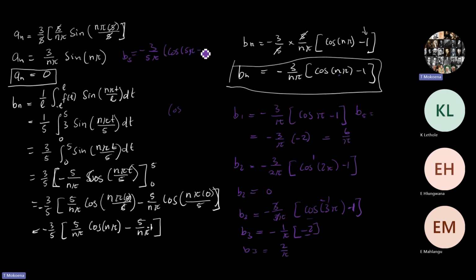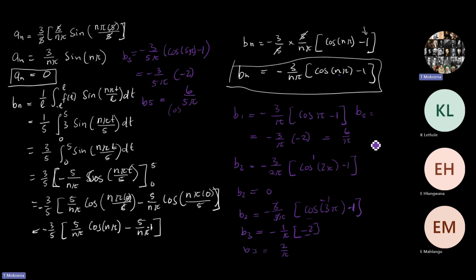We know it's gonna be -2 again. Cos 5 pi is -1, and this -1, they will give us -2. Let me write this one first so that you can see it. And therefore b sub 5 will then be equal to +6 over 5 pi.